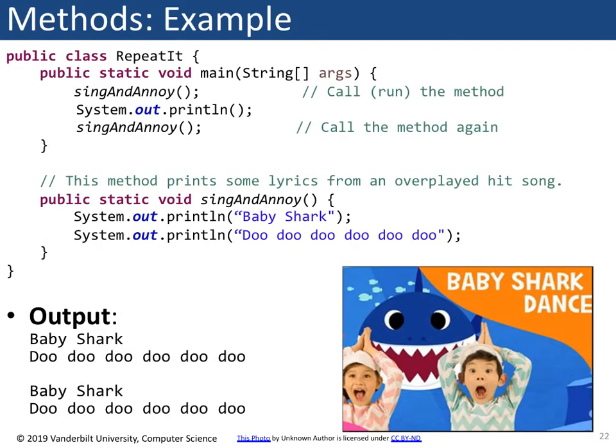Imagine that we were attempting to write a program which would print the lyrics to a children's song to the console. This particular song is very repetitive and only repeats 2 lines of lyrics over and over again.